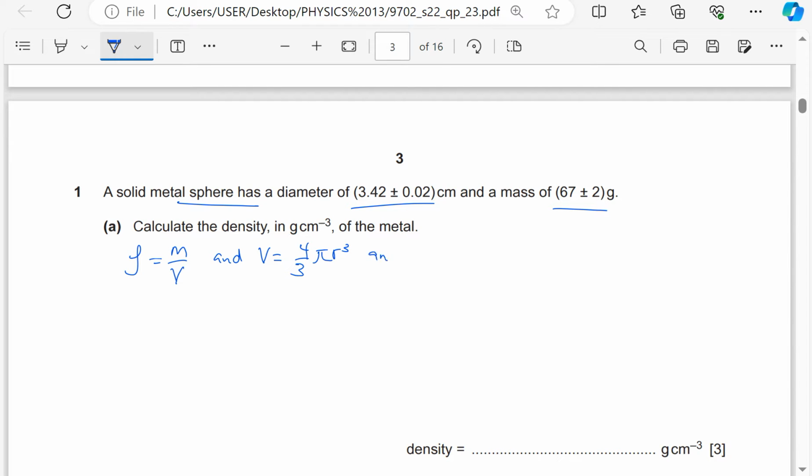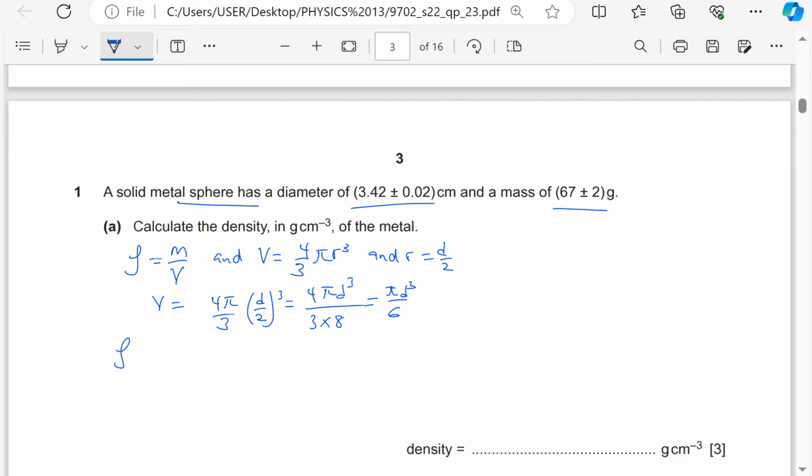If we consider the radius to be diameter divided by 2, the volume is going to be 4 pi over 3 times d over 2, all raised to power 3, which is 4 pi d cubed divided by 3 times 2 power 3, which is 8. So this gives me pi d cubed over 6.